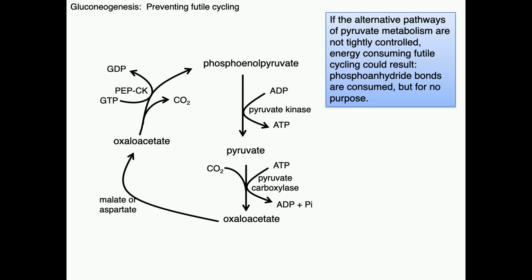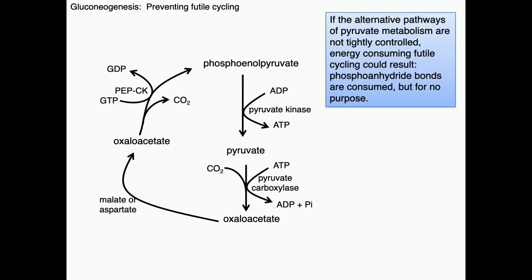This would go through glycolysis down to pyruvate. Then it would make oxaloacetate. Then it would go out of the mitochondria and be a substrate for PEPCK.